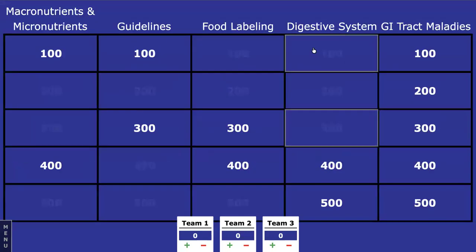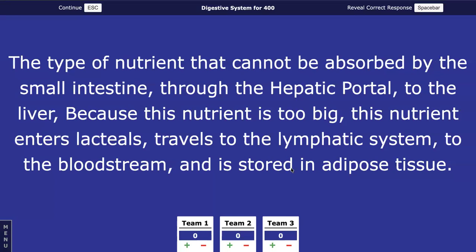Okay, yes, large intestines. This type of nutrient cannot be absorbed by the small intestines the normal way because it travels through the hepatic portal to the liver, and it's huge. This nutrient enters the lacteals, travels to the lymphatic system, to the bloodstream, and is stored in adipose tissue.